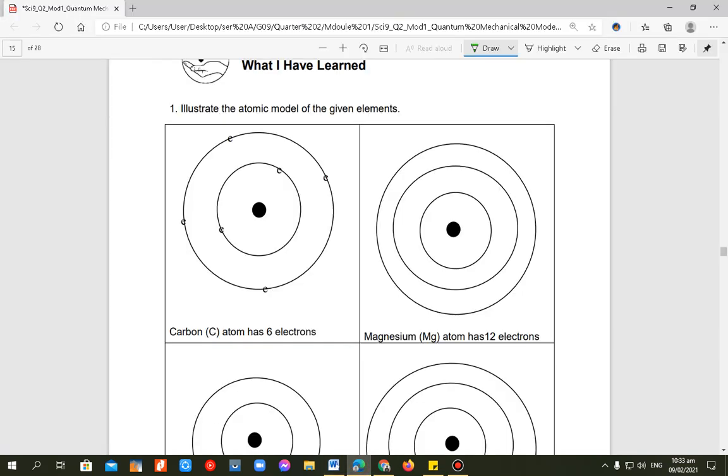So, going back, since yung example po natin dito is carbon C. Meron po siyang 6 na electrons. So, dapat 6 po yung makikita nating electrons po dito. 1, 2, 3, 4, 5, 6. Pero tandaan po natin na meron pong pattern on how you distribute the electrons. So, example.